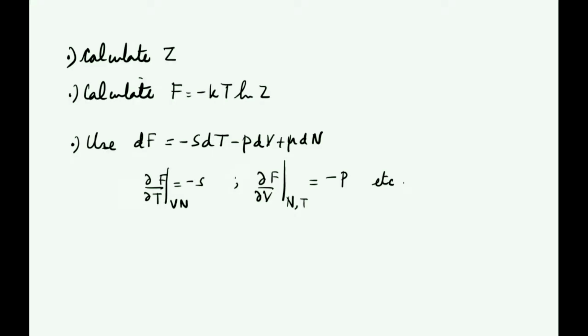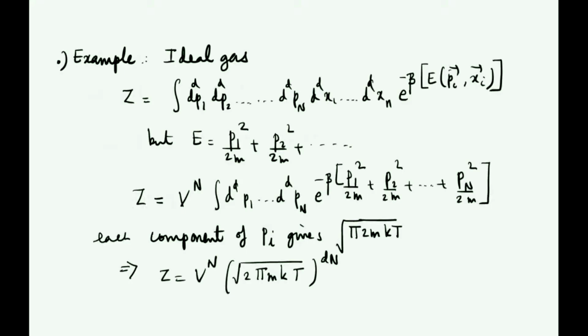So let us do one simple calculation, which is again a standard calculation, the ideal gas. Given an ideal gas, you want to compute the partition function in d dimensions. There are n momenta, n positions. You integrate over all of them, e to the power minus beta times E, given whatever the configuration and momentum is.